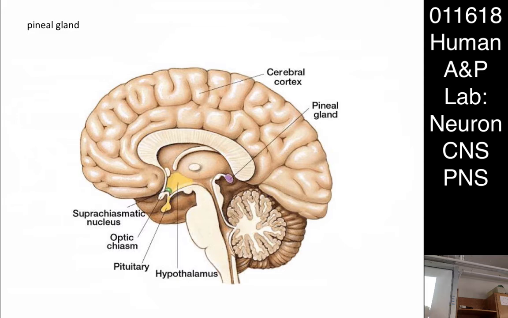The other structure here is the corpora quadrigemina, the superior and inferior colliculi. Corpora, body; quadrigemina, the quadruplets. So pineal gland posterior, below them is the corpora quadrigemina.